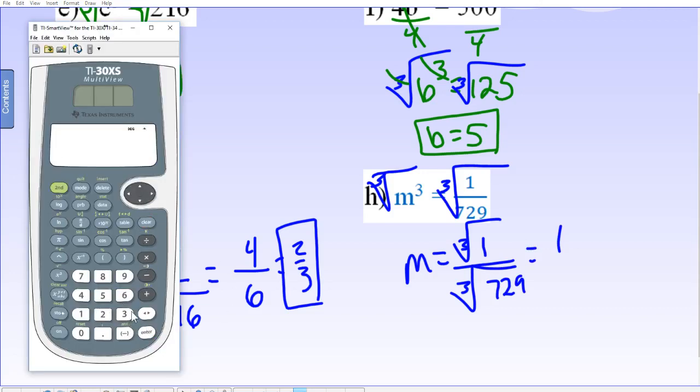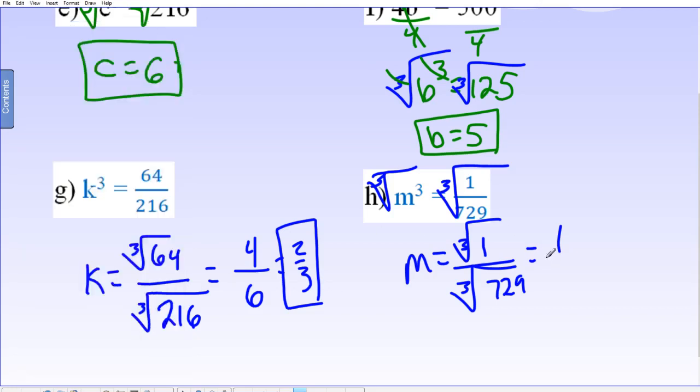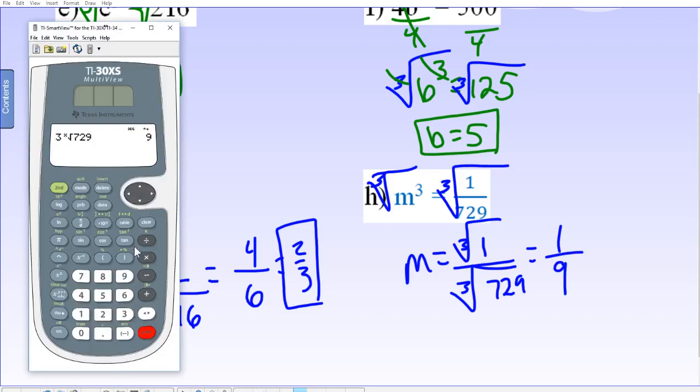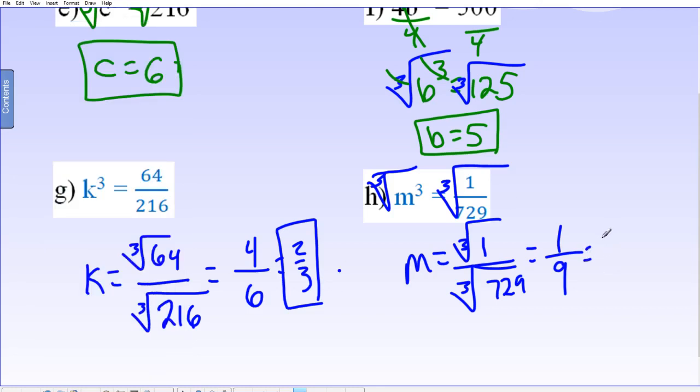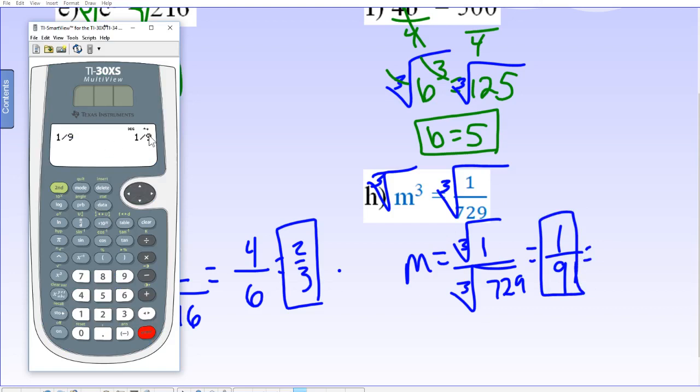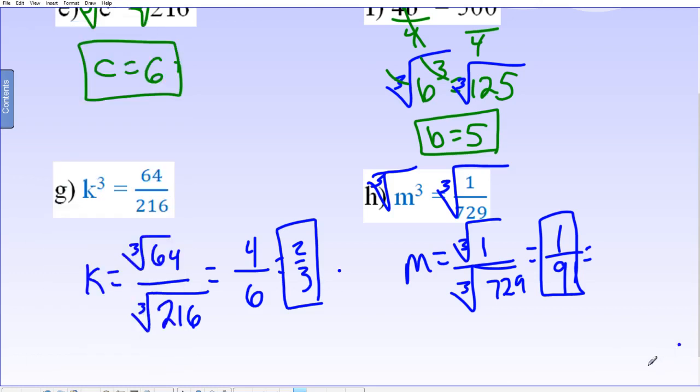So you calculate the cube root of 729, which equals 9. And you can check if that simplifies. It will not. So 1/9 stays 1/9.